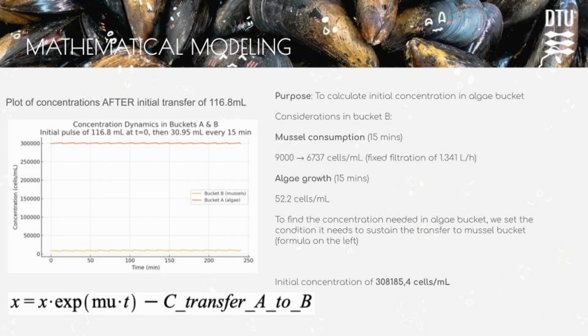We solve the equation on the bottom left, yielding an initial algae bucket concentration of 3.08 times 10 to the power 5 cells per milliliter. And the left plot shows the concentrations as a function of time after an initial 120 milliliter transfer.